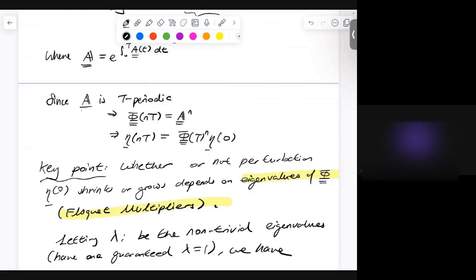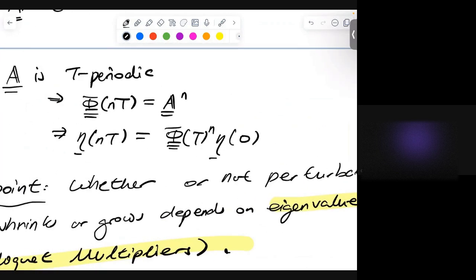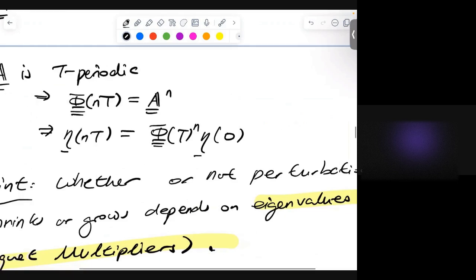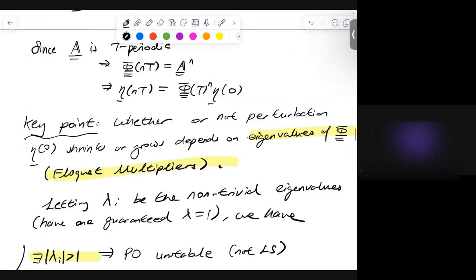And so in the end, we get this. And remember that eta of 0 was the initial perturbation. So the key point here is that we've shown that whether or not the perturbation shrinks or grows depends on the eigenvalues of this matrix Phi.